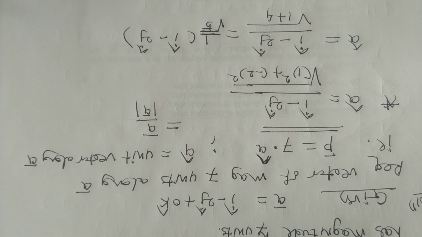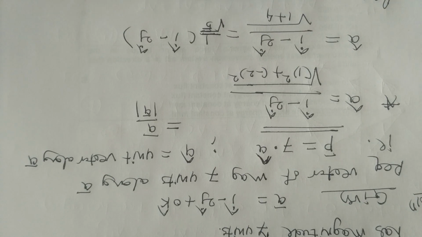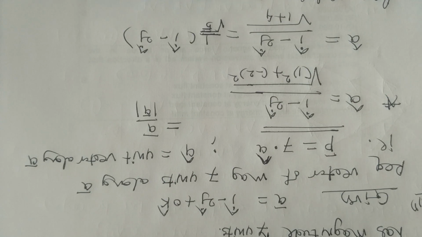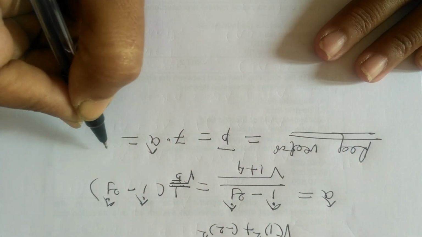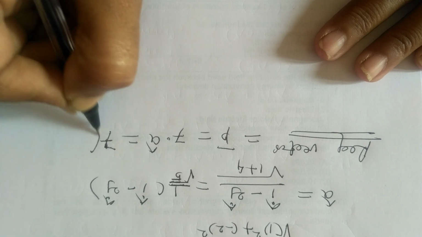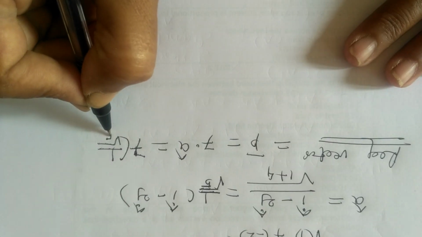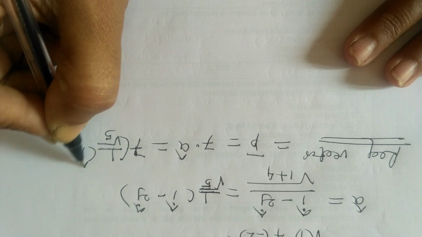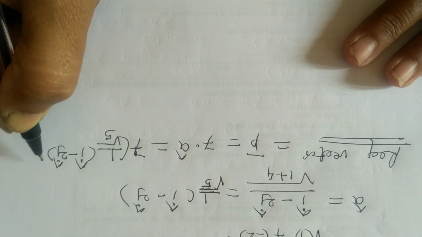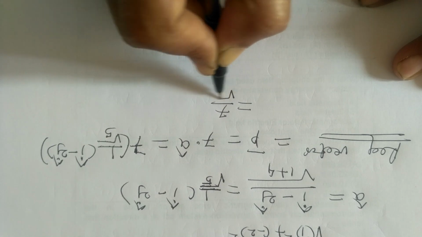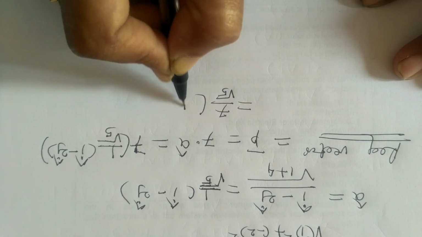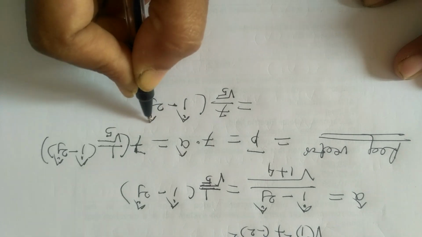Now to find a vector of magnitude 7 units, we take the required vector p bar equal to 7 times a cap, which is 7 times the unit vector along a bar, 7 times 1 upon root 5 times the vector i cap minus 2j cap. So the required vector is 7 by root 5 times i cap minus 2j cap.